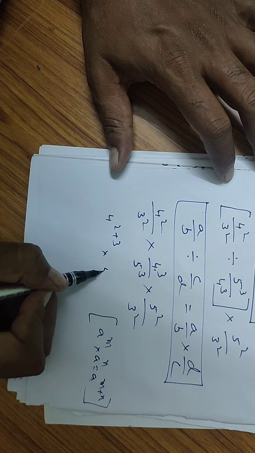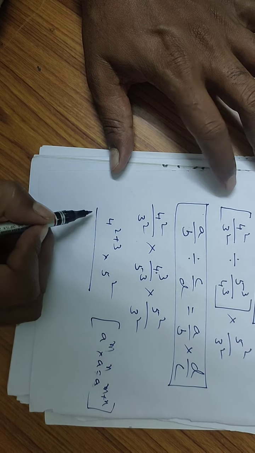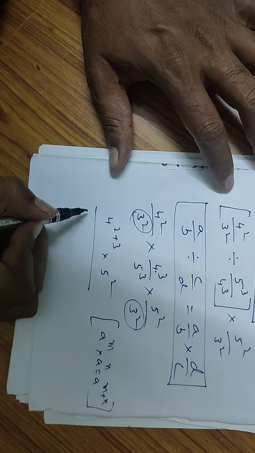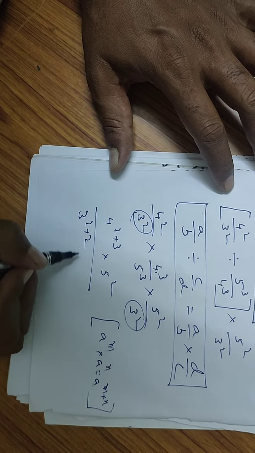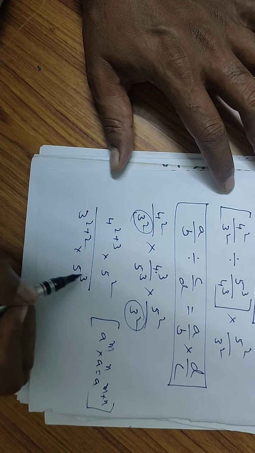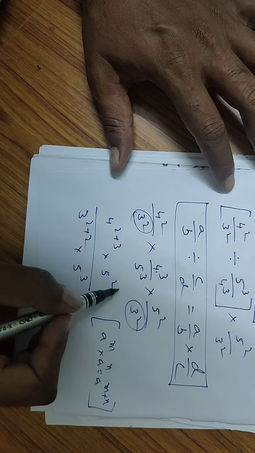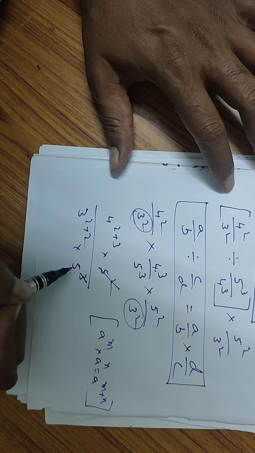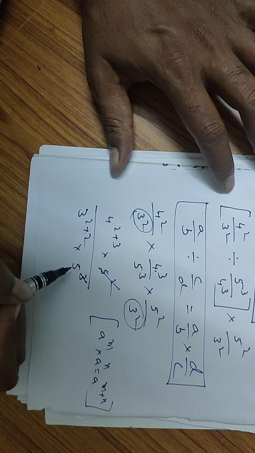This 5 square as it is I wrote here, and here 3 square, 3 square are there, bases are the same, so powers must be added. Into 5 cube. So 5 square means 5 into 5, 5 cube means 5 into 5 into 5. So 5 square and 5 cube, if you cancel, one 5 will remain in the denominator, and in the numerator you can write 4 power 5 by 3 power 4 into 5.